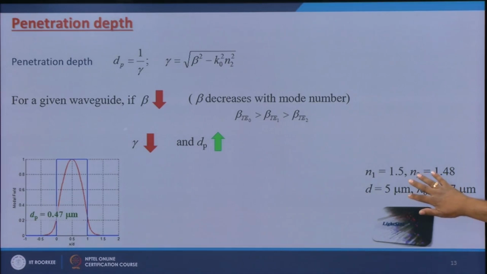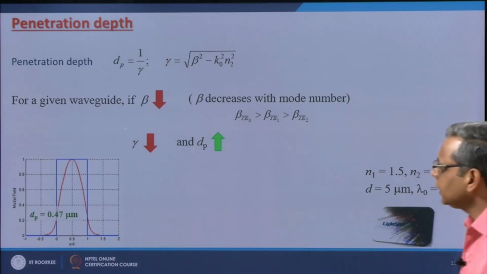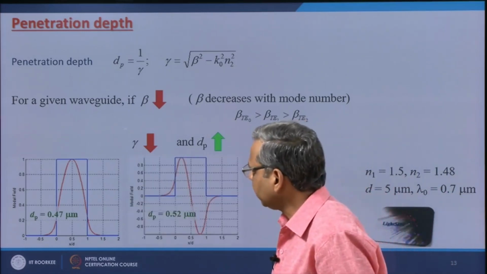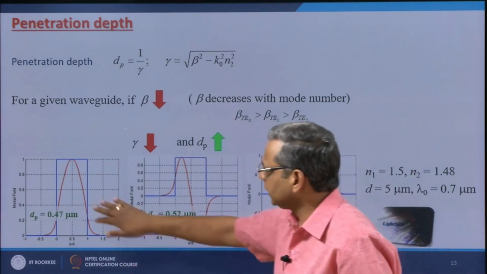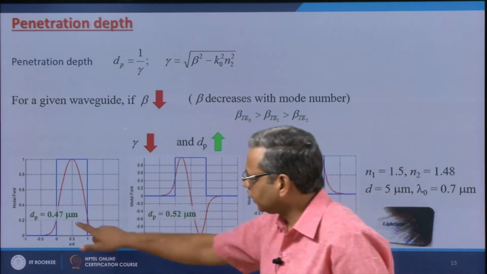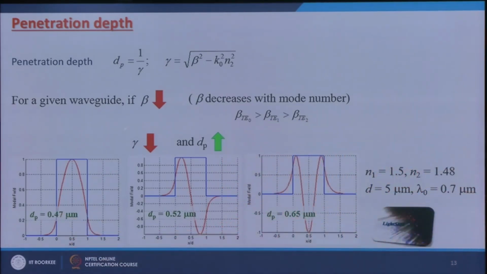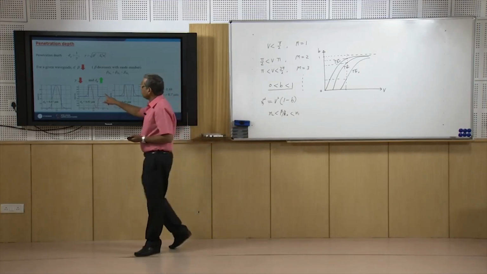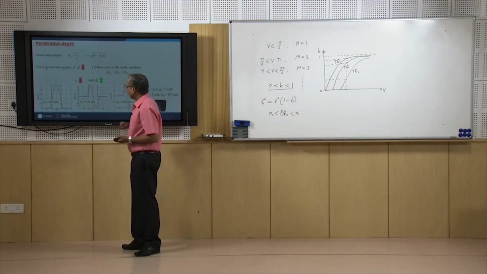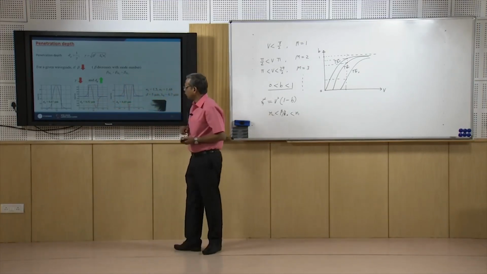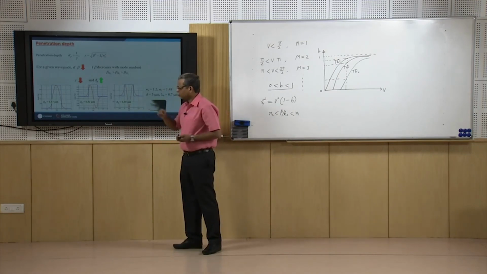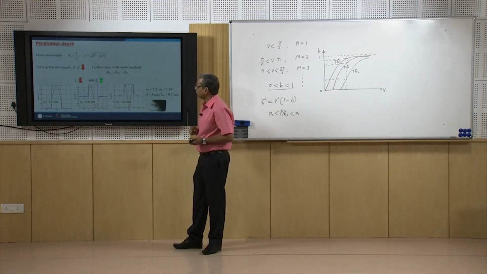So if I have this waveguide and this wavelength, and I see the mode profiles of different modes, TE0 mode has penetration depth of about 0.47 micrometer, TE1 mode 0.52 micrometer, and TE2 mode 0.65 micrometer.